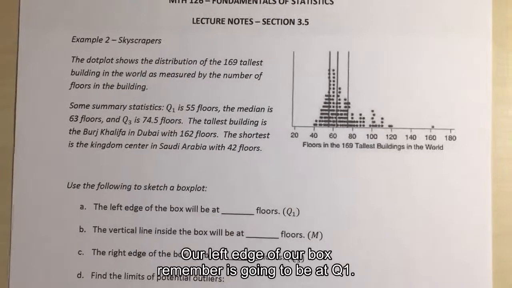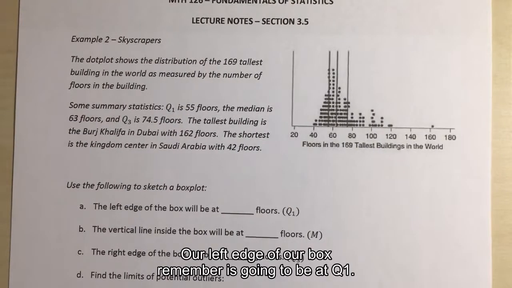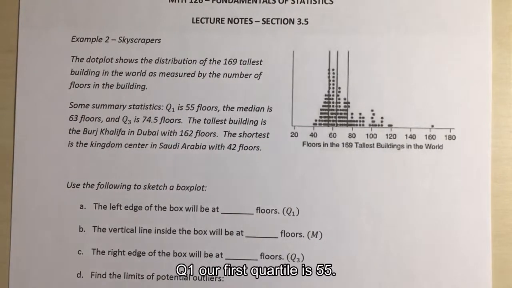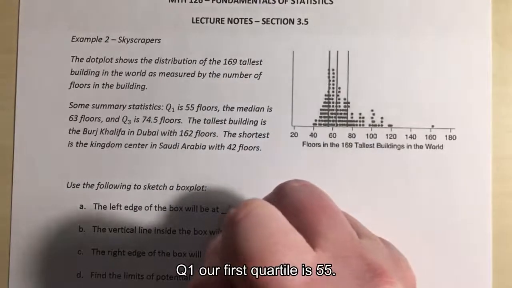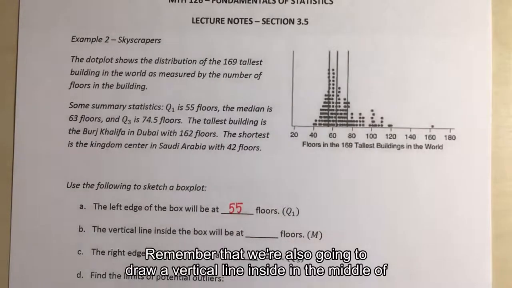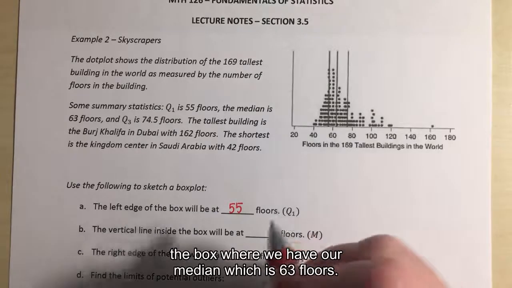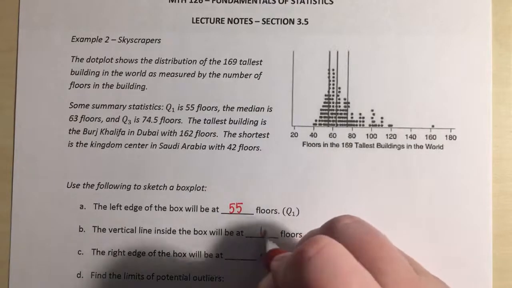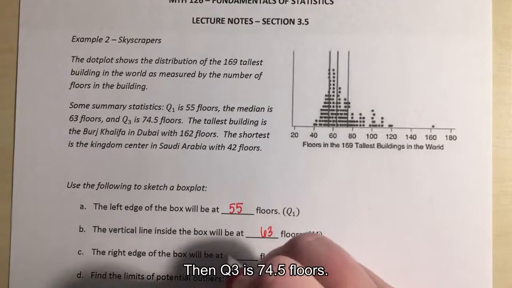All right, so the left edge of our box, remember, is going to be at Q1. Q1, our first quartile, is 55. Remember that we're also going to draw a vertical line in the middle of the box where we have our median, which is 63 floors. And then Q3 is 74.5 floors.